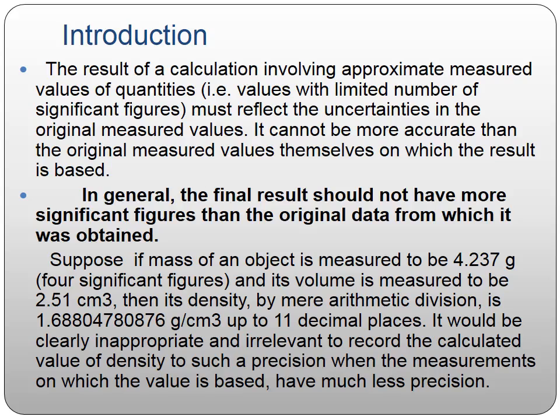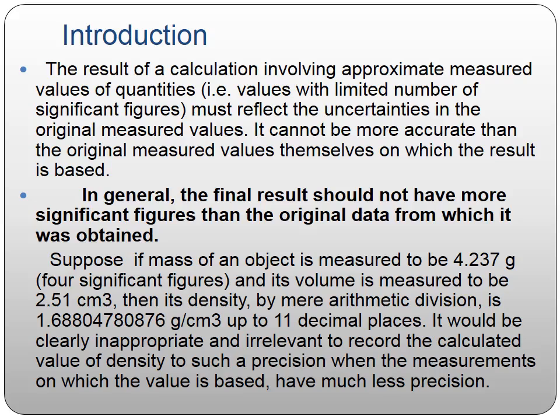Suppose the mass of an object is measured to be 4.237 gram, here this number has 4 significant figures, and its volume is measured to be 2.51 centimeter cube.